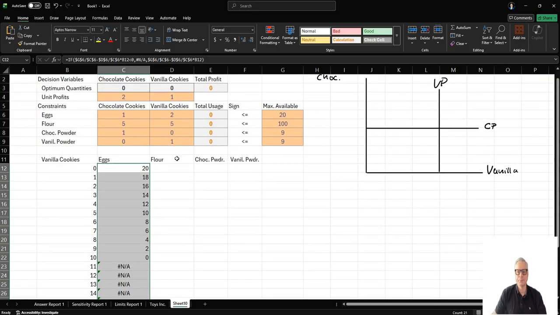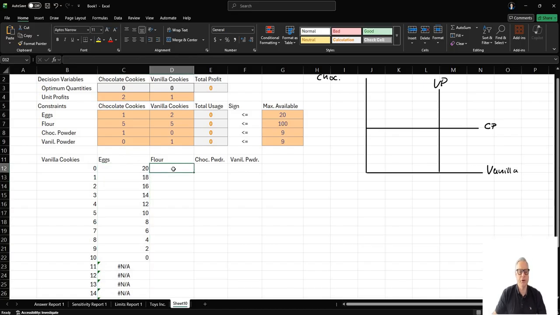So now for the flour constraint, we have a total of 100.